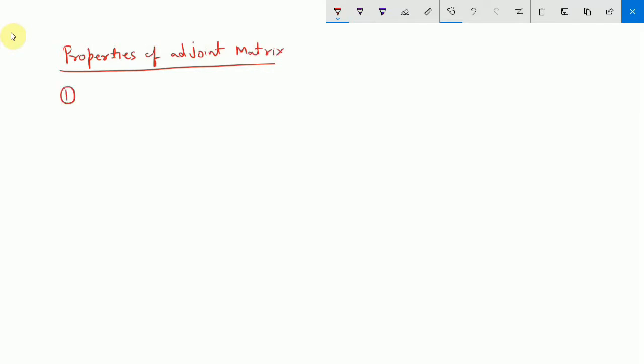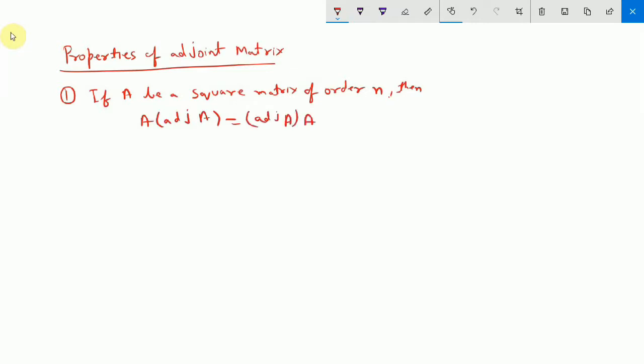First one is, if A is a square matrix of order n, then A into adjoint of A will be the same as adjoint of A into A, and we can write this also as modulus of matrix A, or determinant of A, into the identity matrix of order n.